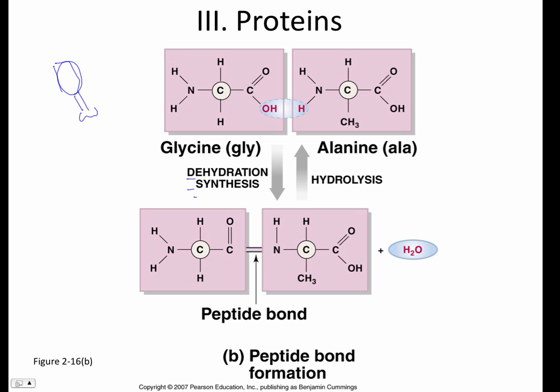You're going to break this down, composed of lots of proteins, lots of these polypeptides. We're going to undergo hydrolysis, break these down into smaller building blocks. And so this is dehydration synthesis, and this is a catabolic reaction because we're going from polypeptide to amino acids.